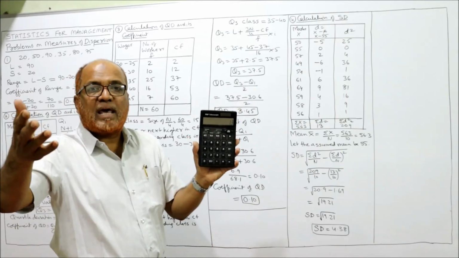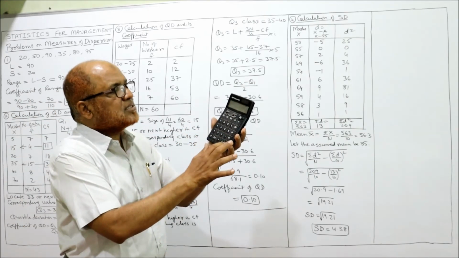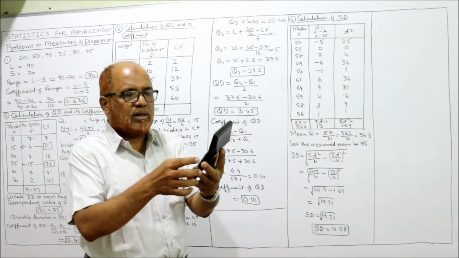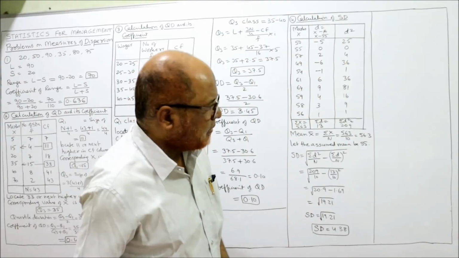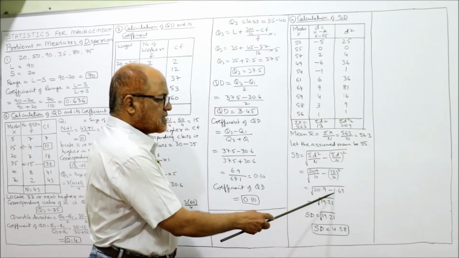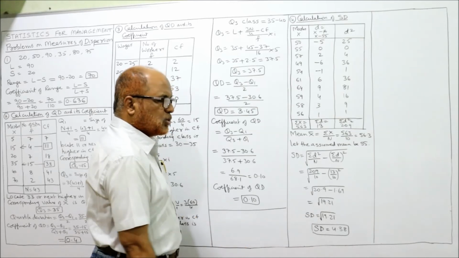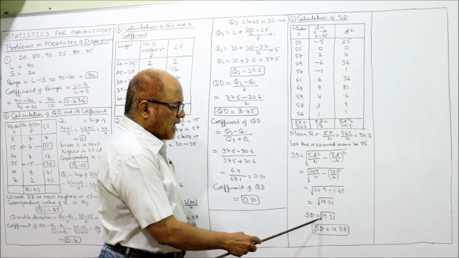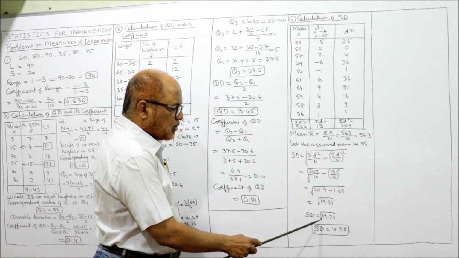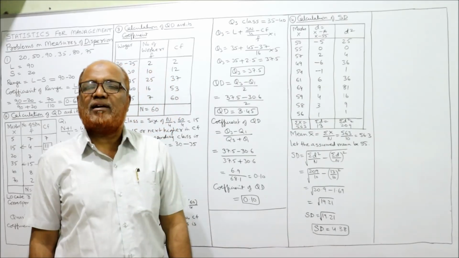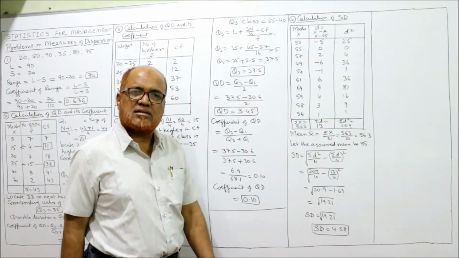Now you have to square it. So multiply by itself and press equals, you will get 1.69. So 20.9 minus 1.69, you will get 19.21 under root. So standard deviation is the square root of 19.21, you will get 4.38. Standard deviation is 4.38. That's it.